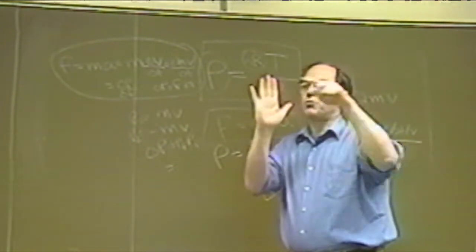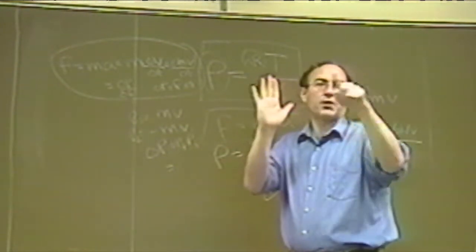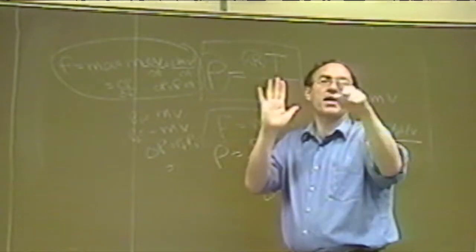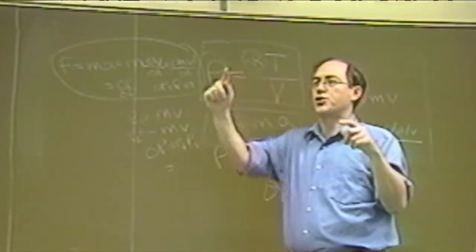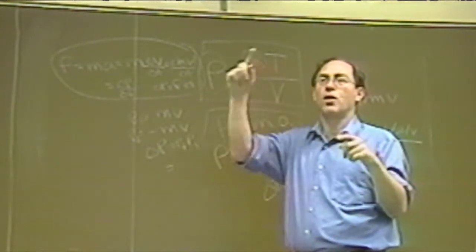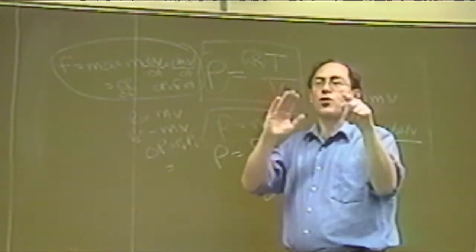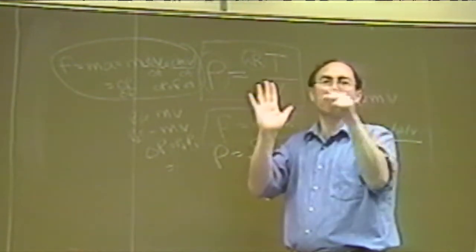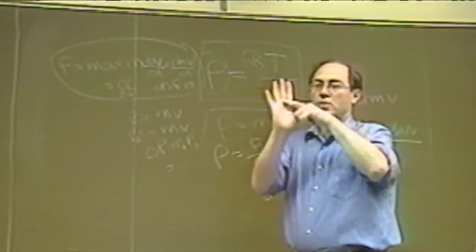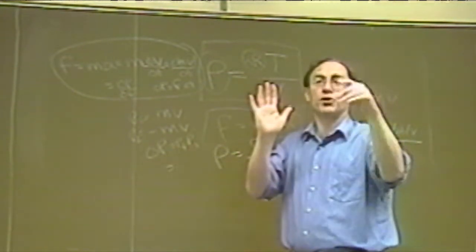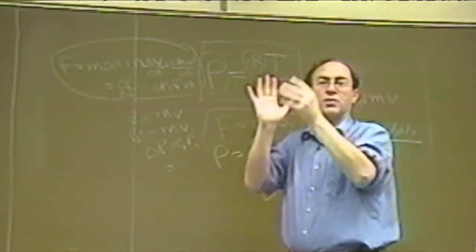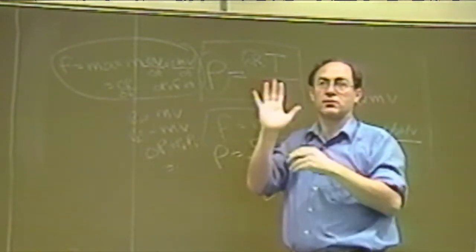But it's not necessarily hitting the same place, or maybe it is hitting the same place, but we're taking an average. We're talking about the force on this whole wall as a result of the collisions, or the pressure on this whole wall as a result of this one collision, or averaged over many collisions. Or what we're going to do is take many particles banging in all different places and average over all of that.